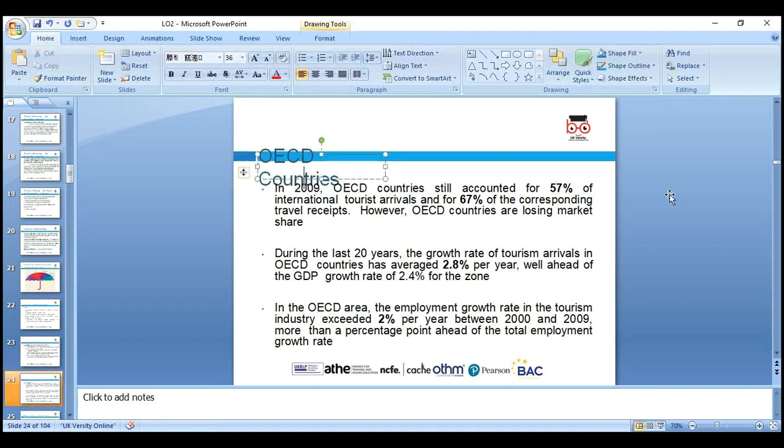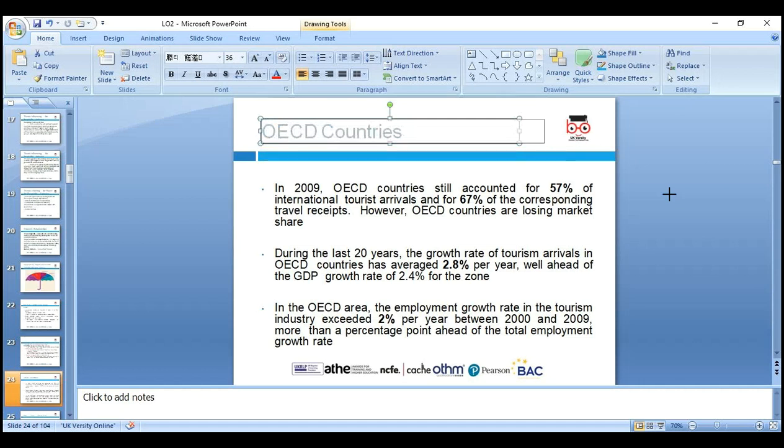Some countries are developing countries; we call them OECD, the Organisation for Economic Co-operation and Development countries. In 2009, they still accounted for 57% of international tourists and 67% of the corresponding travel receipts.